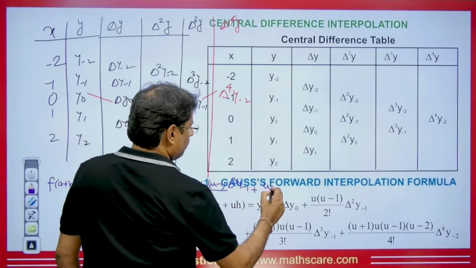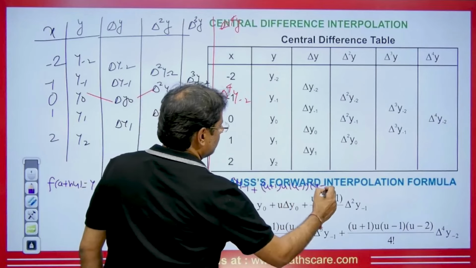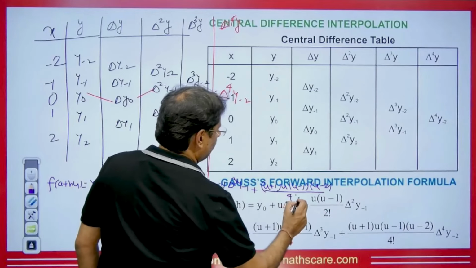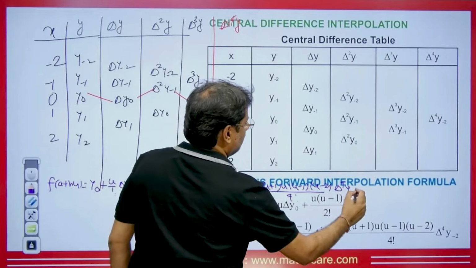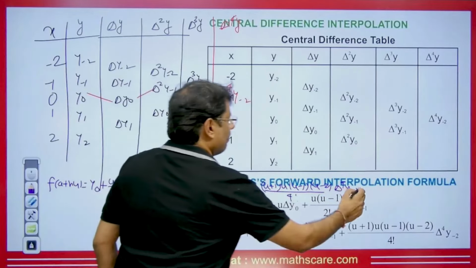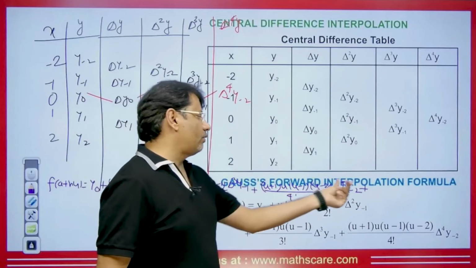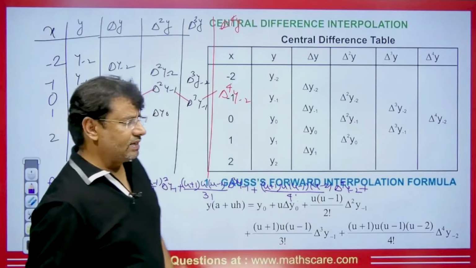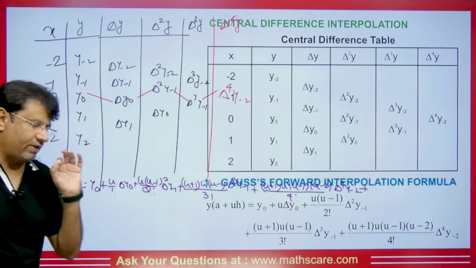Say u plus 1, u, u-1 and u-2 upon 4 factorial. Okay, clear till here? And then the next term that will come here will be del 4 y-2, right? So like this, we will get another term as u-2, then 5 factorial, else will be same. Next will be so on. This is known as Gauss forward interpolation formula for central difference.